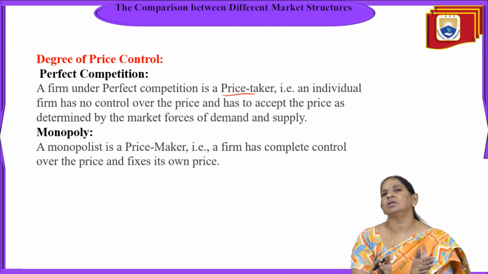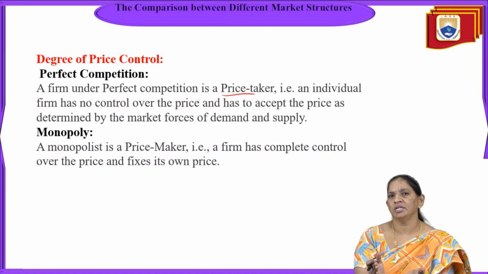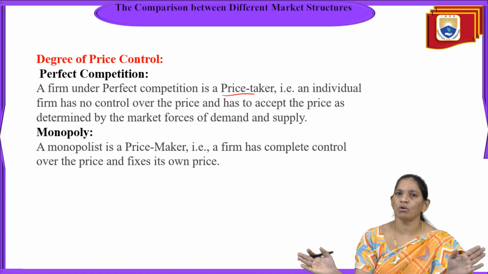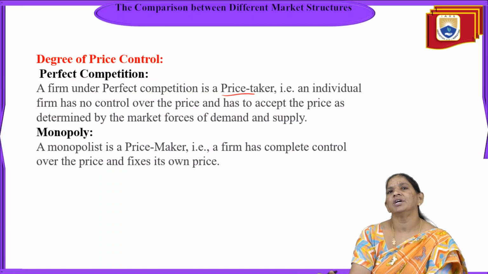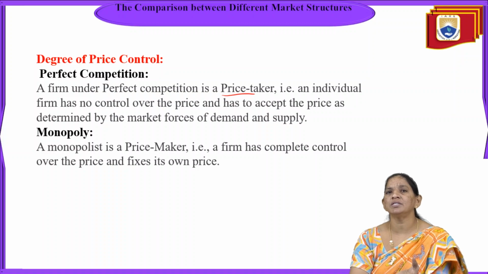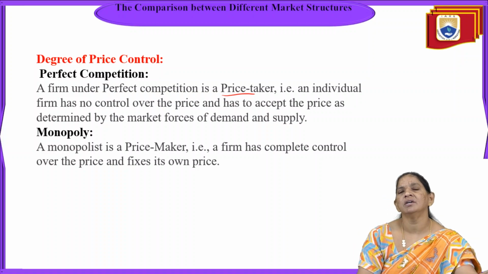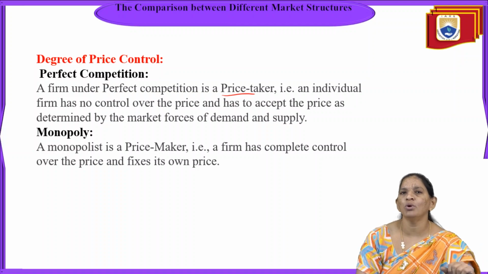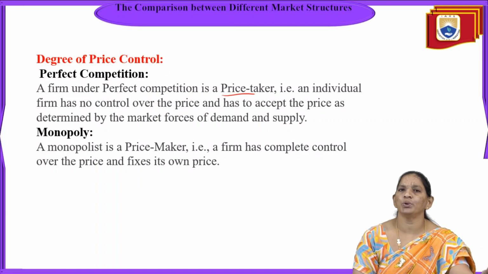If the goods are more, meaning supply is more, the price will decrease in the market, because all are selling this identical product. If supply is less, with few sellers and many buyers, automatically the price will increase. So in perfect competition, price control is not in the hands of the producers.